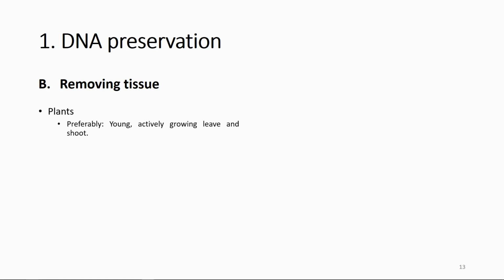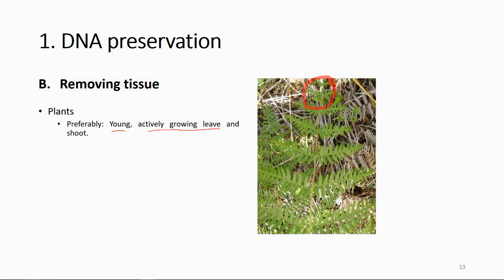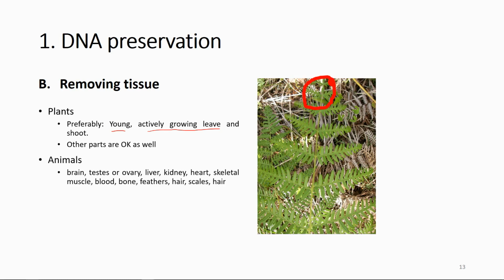So for plants, to avoid those unwanted DNA and material that could damage the DNA, we usually select a young or actively growing leaf. For the plant, we usually take this part. Other parts are okay as well, but if possible, try to choose the part that is young and actively growing. For animals, you can use any type of tissue.